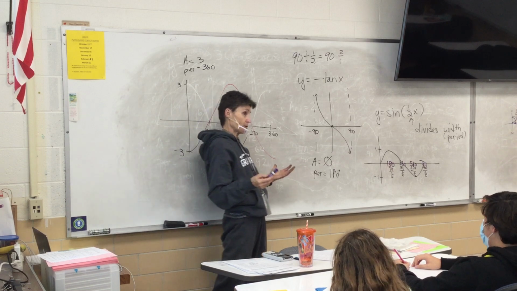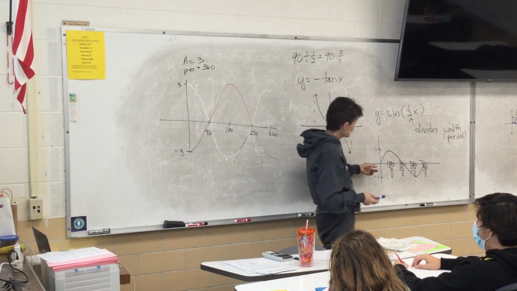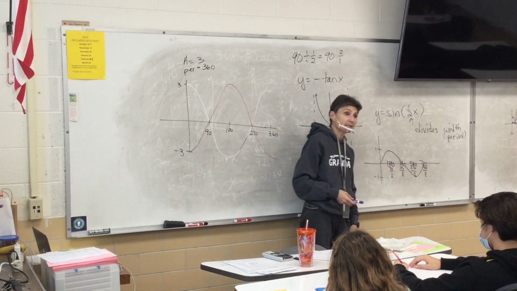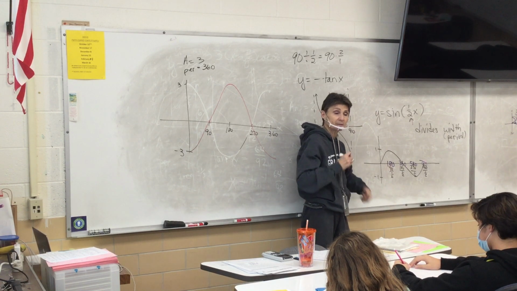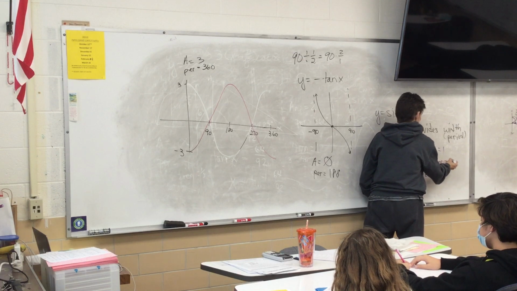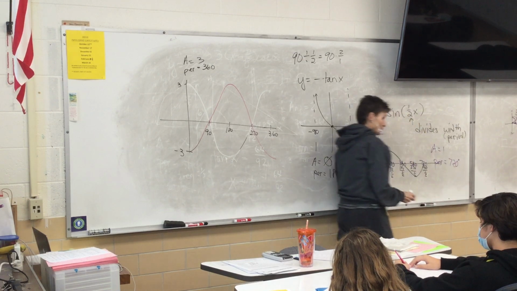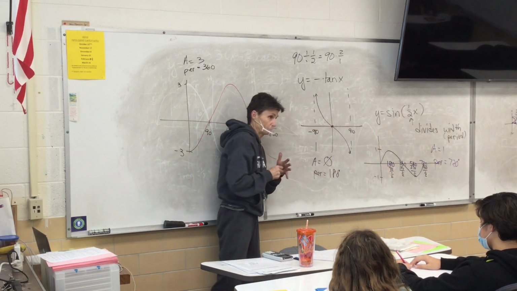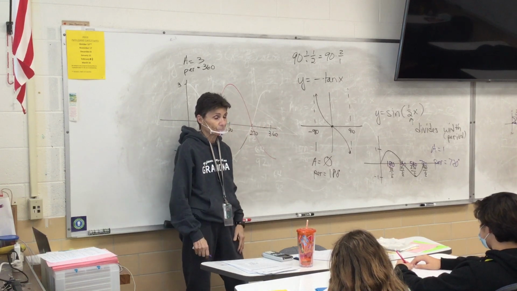So now you have a curve that starts at 0 but doesn't end until 720. So its amplitude is 1, but its period is 720 degrees. Period's where you end.